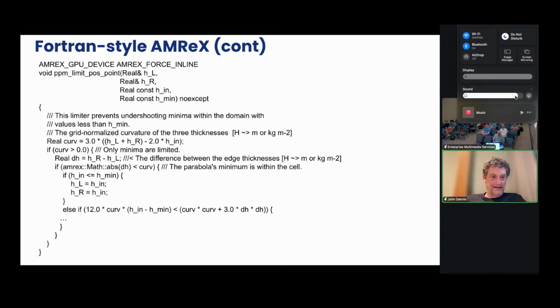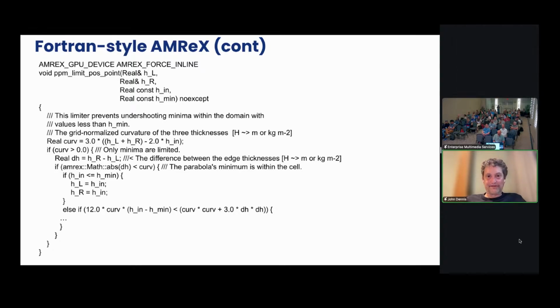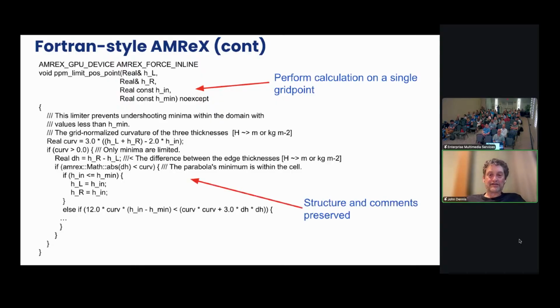I think it's no more or less readable than the Fortran is, but I do tend to read different languages. So again, you're performing calculations over single grid points, and the structure and the comments are preserved by the conversion. So to me, it looks like just a little bit different Fortran.